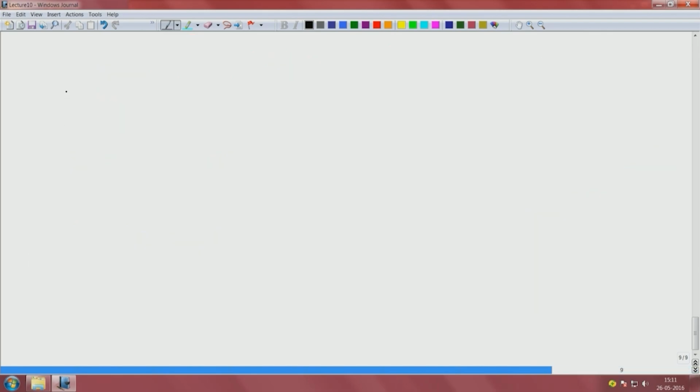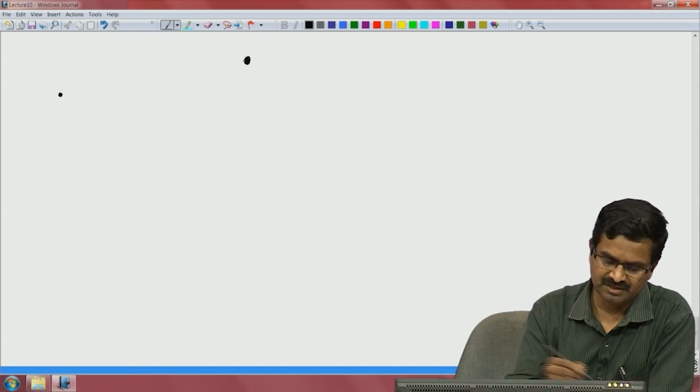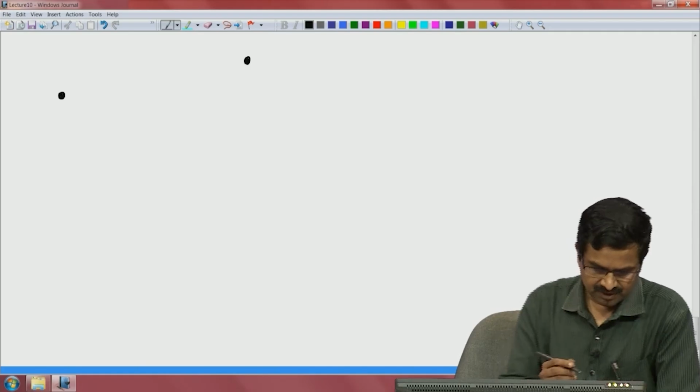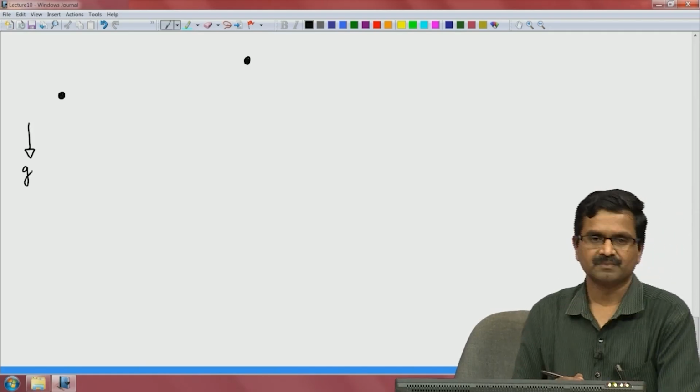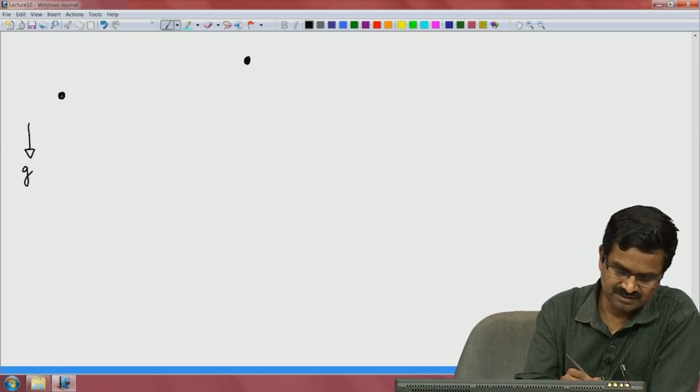Let us say I have a point here and another point over there, 2 points in a plane. Now, there is, let us say, gravity, because it is a Brachistochrone problem. We want to find a function for this.